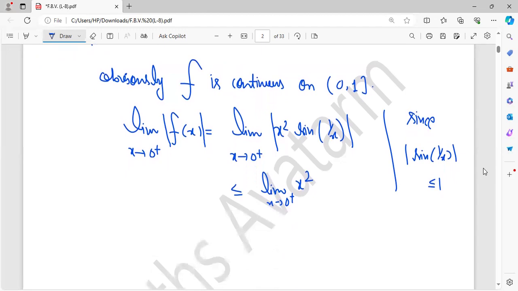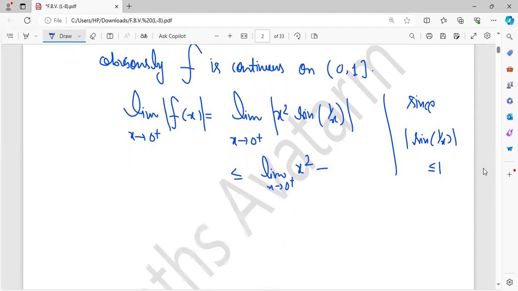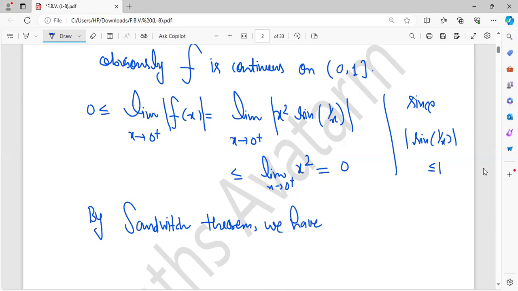So what is the limit of this? This limit is 0. Because I am taking absolute value, this limit will also be greater than or equal to 0. By the sandwich theorem, we have the limit as x tends to 0 plus of f(x) is equal to 0.